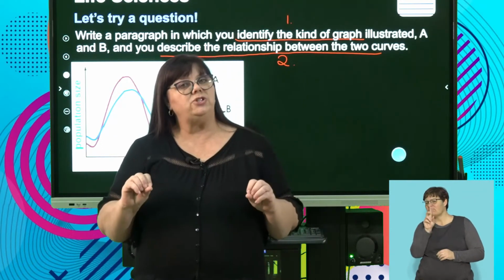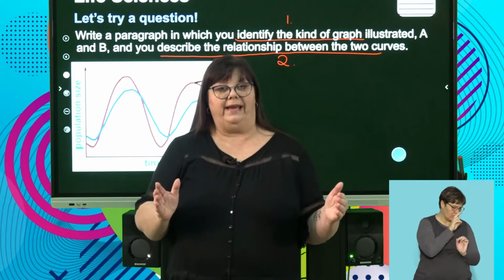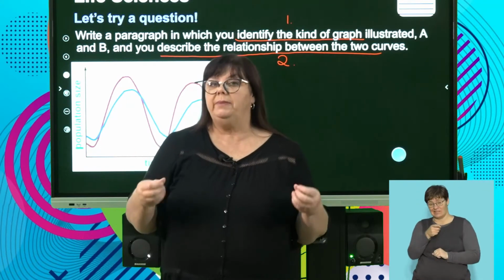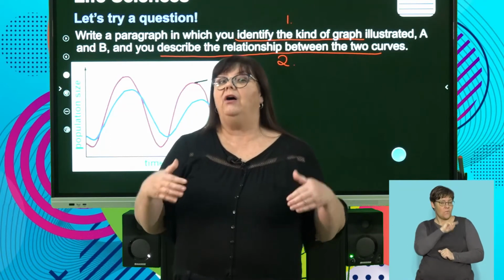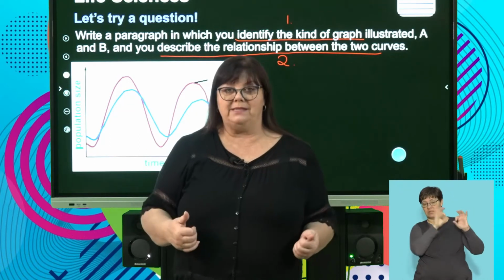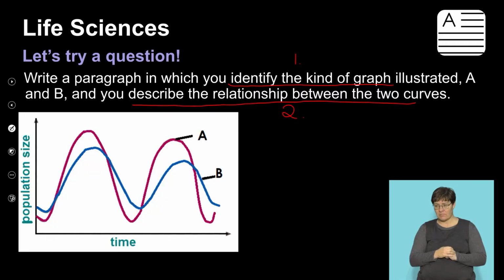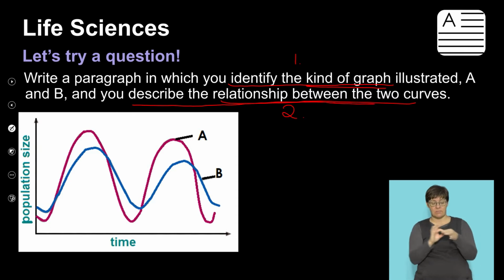Let's look at the question and the graph again and see if we can identify what is the focus, because that's going to be our first topic sentence of our paragraph. So we're dealing here with the kind of graph and a relationship between two curves. We've got population size and we've got time.